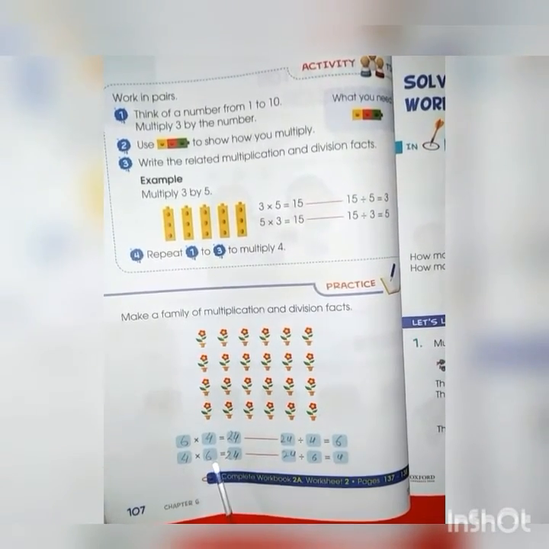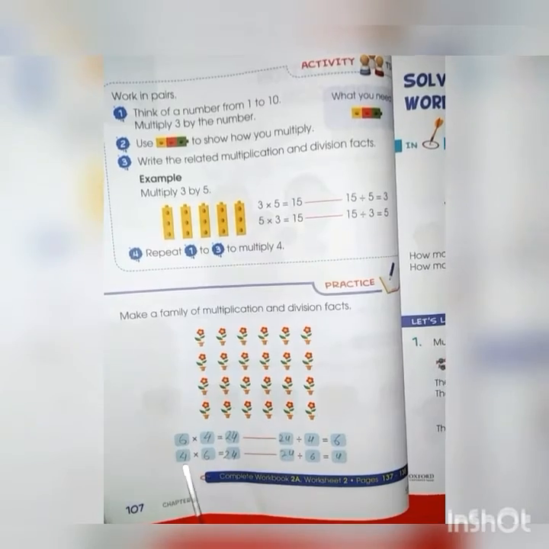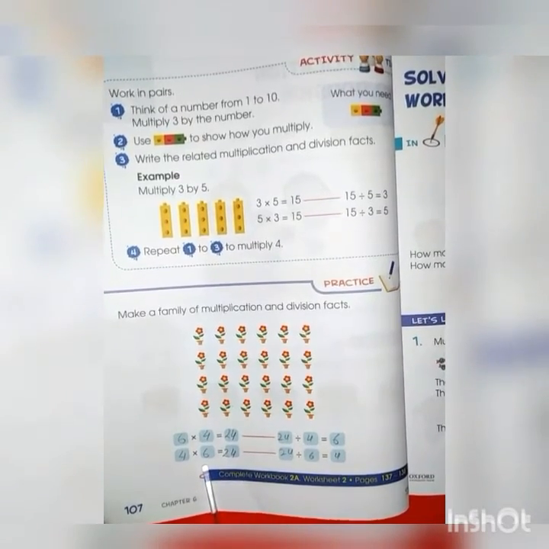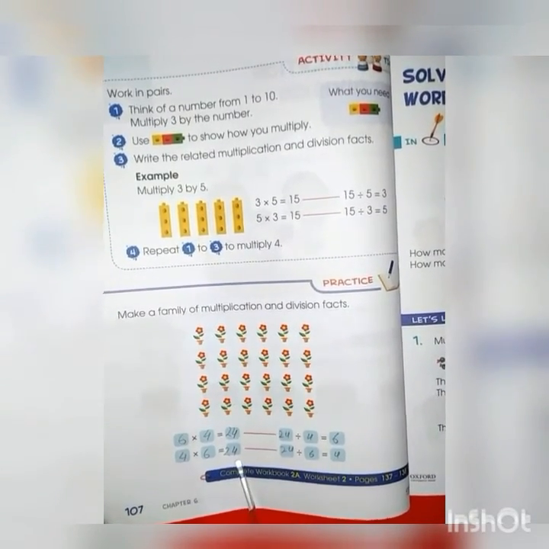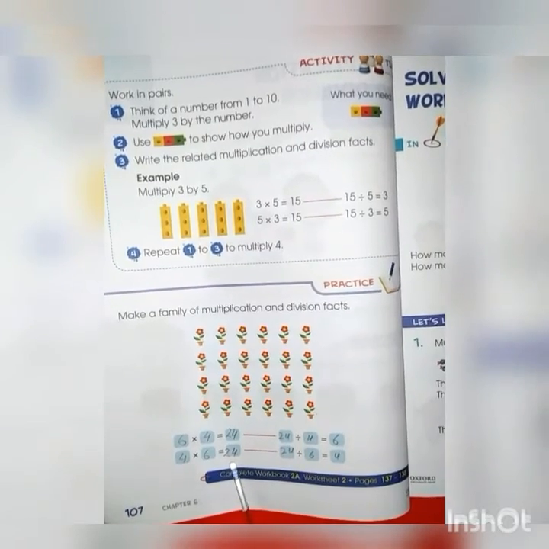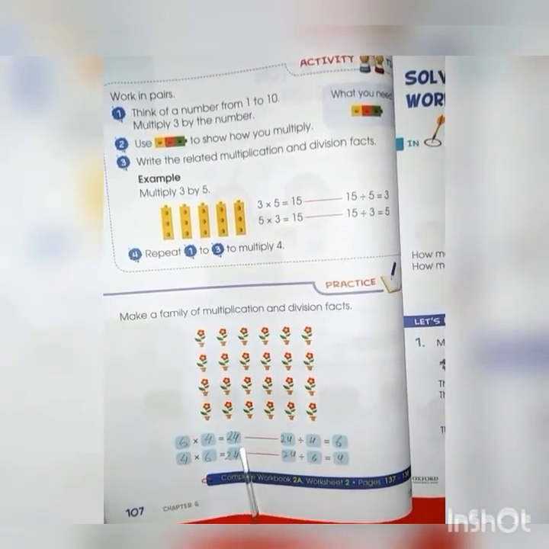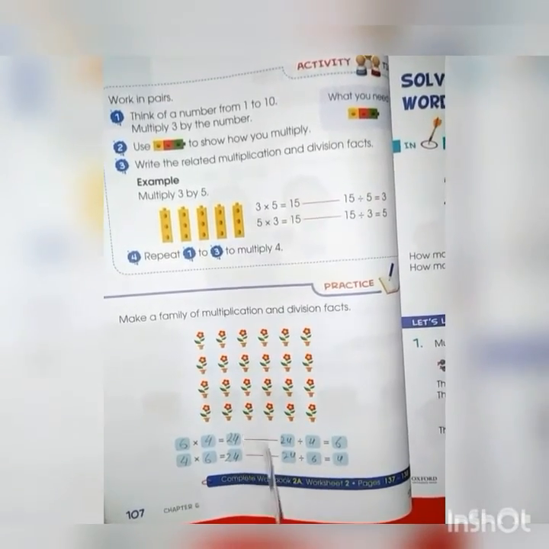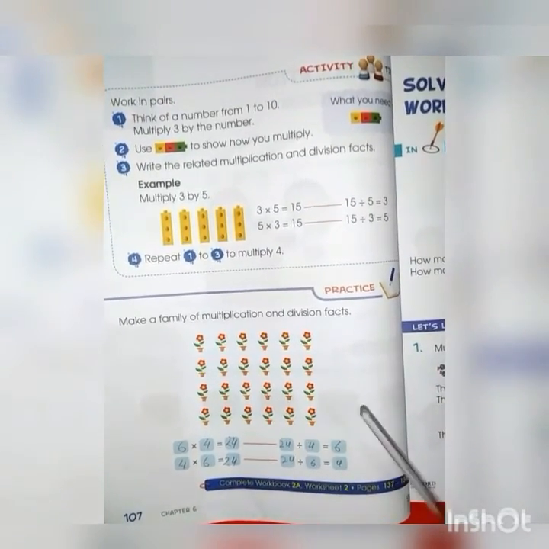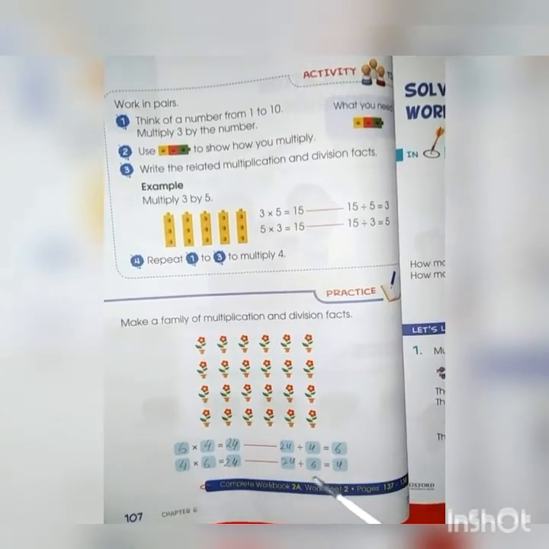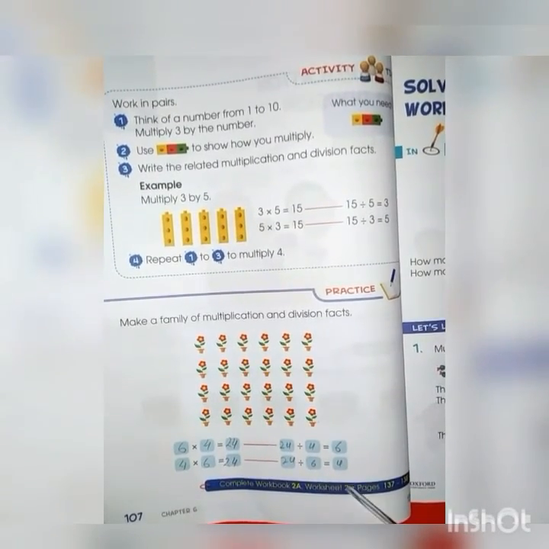4 sixes are 24. We have 4 groups and in each group we have 6 flower pots. Then in total we will get 24 flower pots. 4 sixes are 24, same as 6 fours are 24. But when we divide 24 flower pots by 6, then we will get 4.